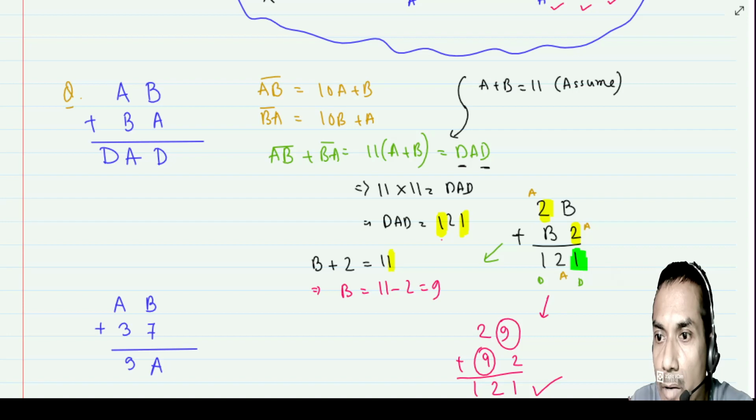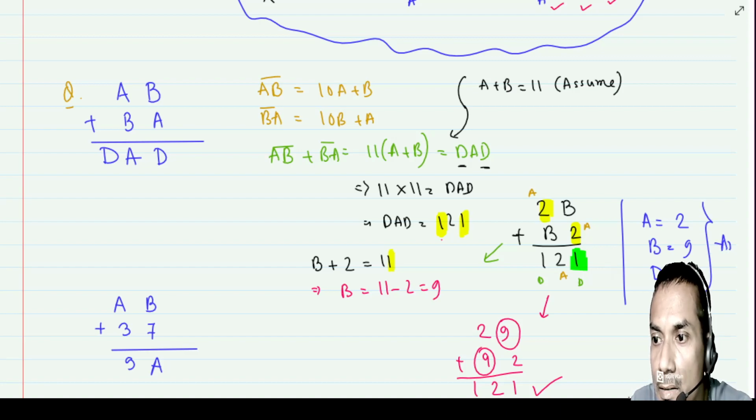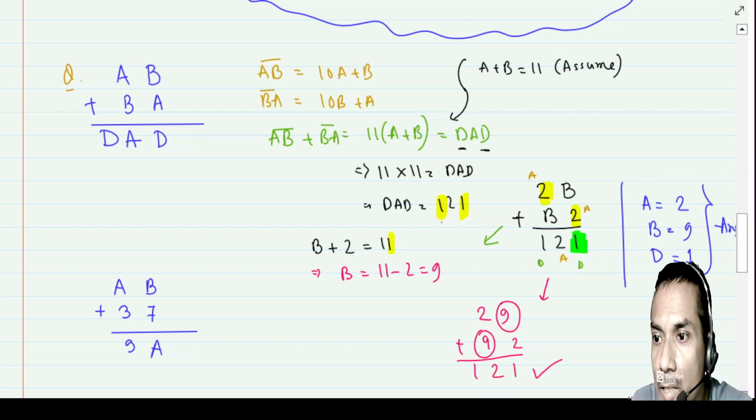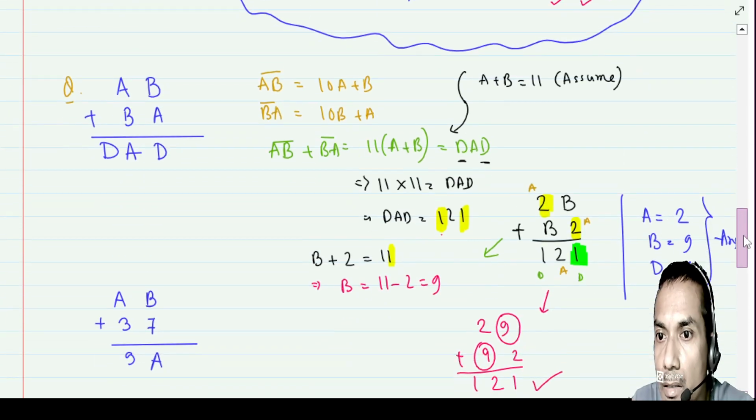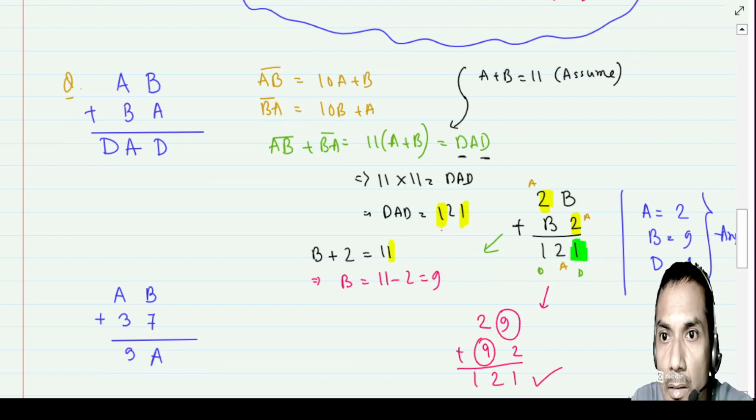So the answer is A is equal to 2 and B is equal to 9 and D is equal to 1. Clear? These are the answer. Clear to everyone? So it is one of the best questions.